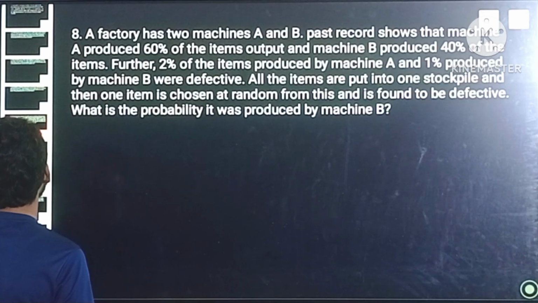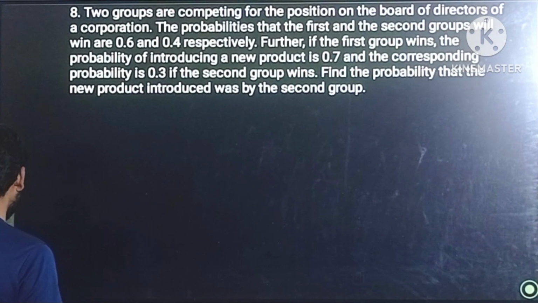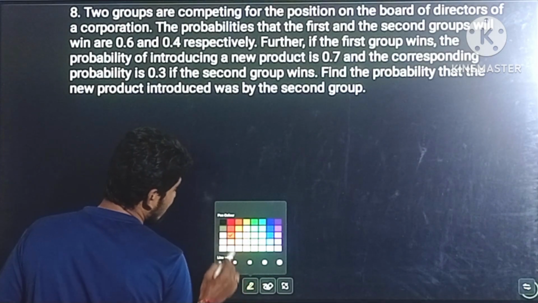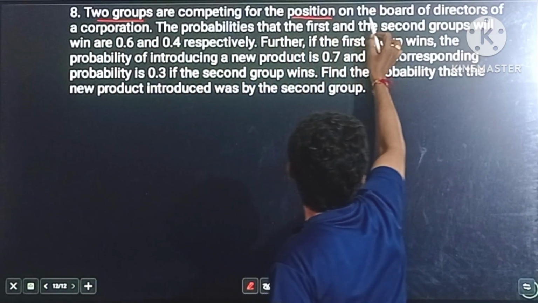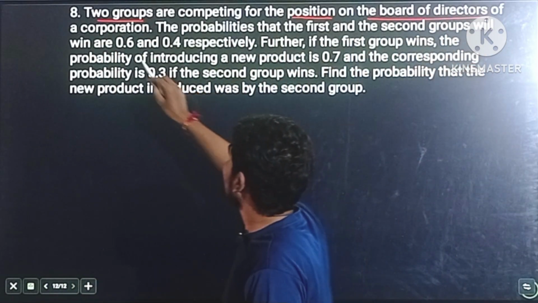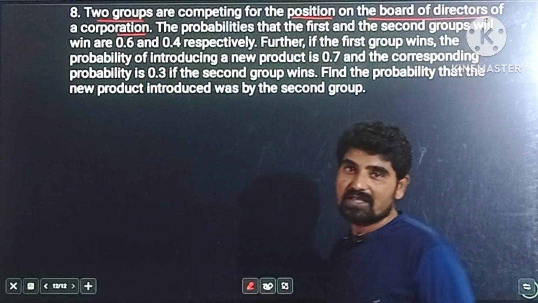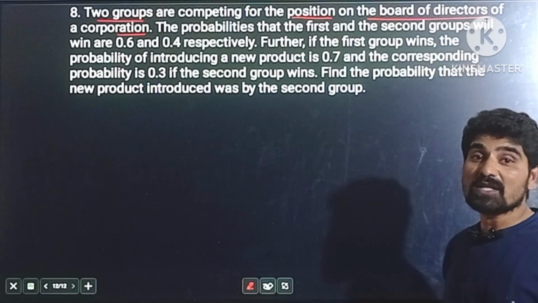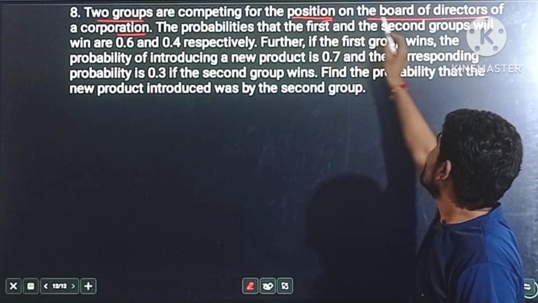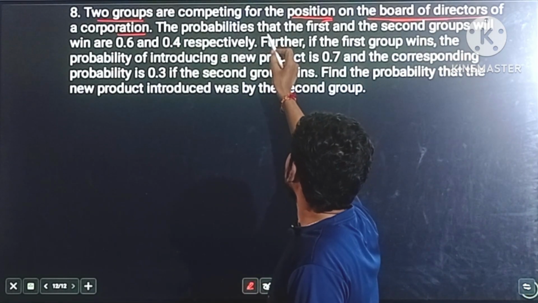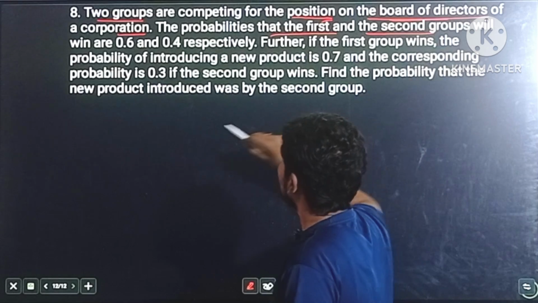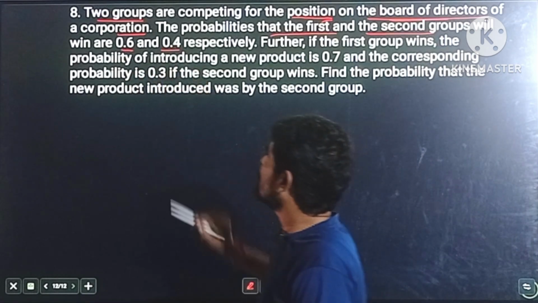In this question, he has given that two groups are competing for the position on the board of directors of a corporation. The probabilities that the first and second group will win are 0.6 and 0.4.